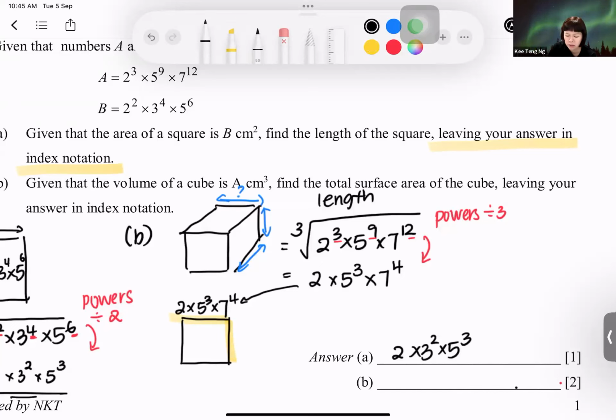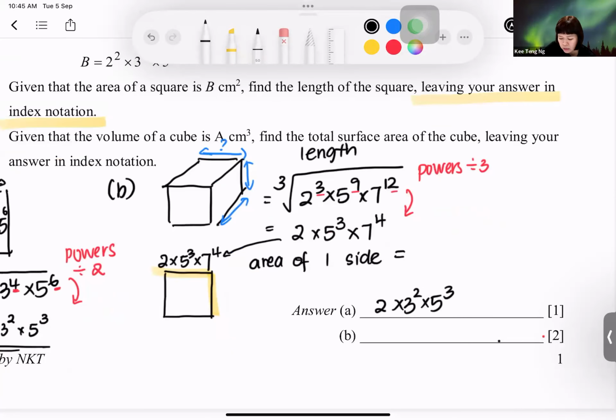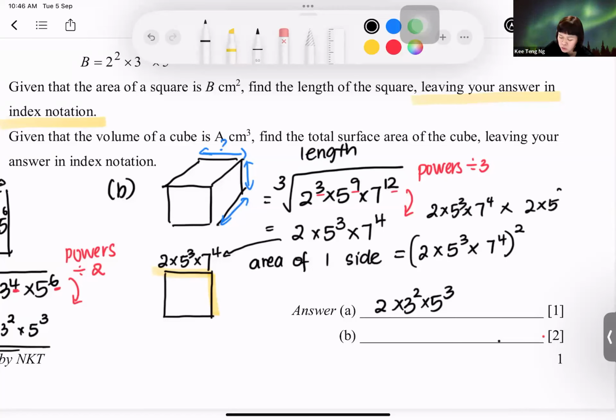So I want to find the area of one side, which is this whole thing multiplied by itself: 2 times 5 to the power 3 times 7 to the power 4, whole thing squared. Or you can write this thing twice and multiply.